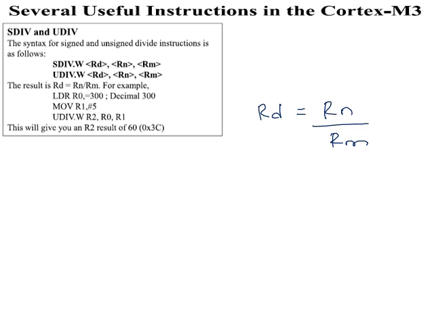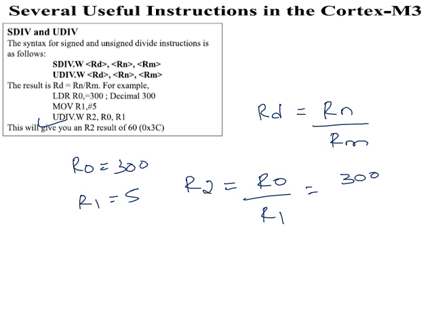For example, if R0 is equal to 300 in decimal and R1 is 5, and I perform UDIV R2, R0, R1, R2 will have the result Rn divided by Rm, that is R0 divided by R1, 300 divided by 5. In decimal it will be 60, so this value will be stored in R2.